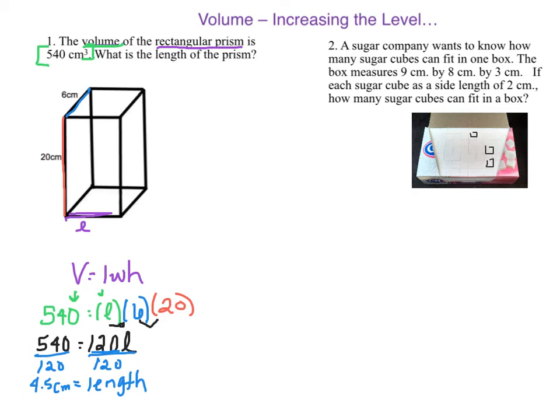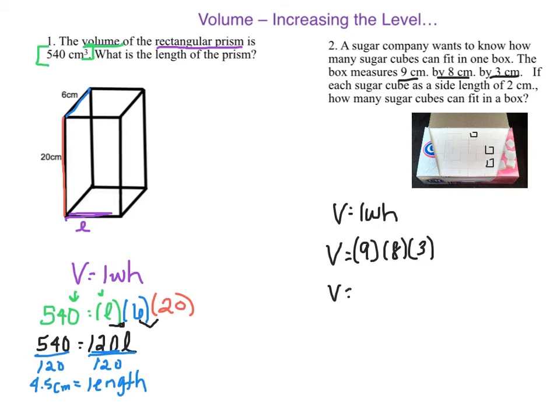So the first thing I need to figure out, well, how big is the box? So since I have a rectangular prism, my volume is going to be length times width times height. I'm looking for the volume. So it says the sugar box measures 9 by 8 by 3. When they give the dimensions, it's usually length by width by height.